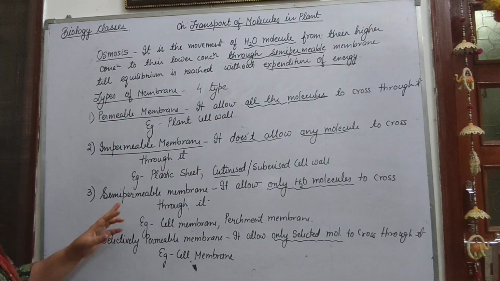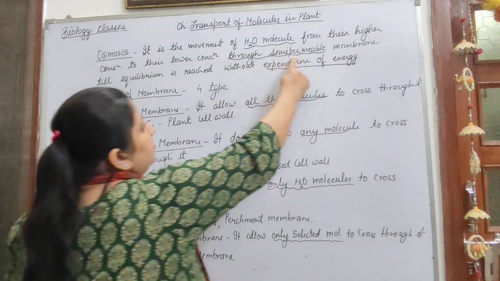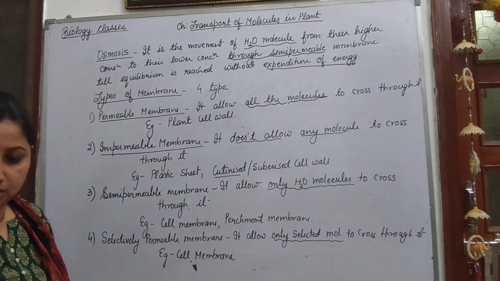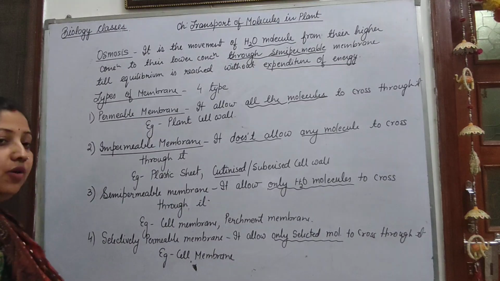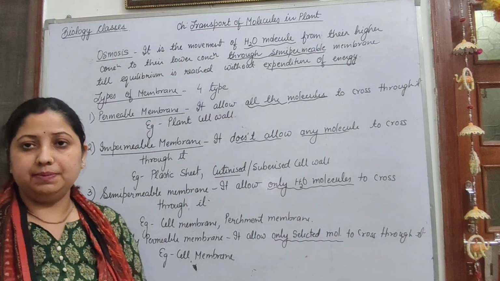So these are the types of membrane, and in the case of osmosis, what will we use? The semi-permeable membrane. Let us understand the difference between semi-permeable and selectively permeable.